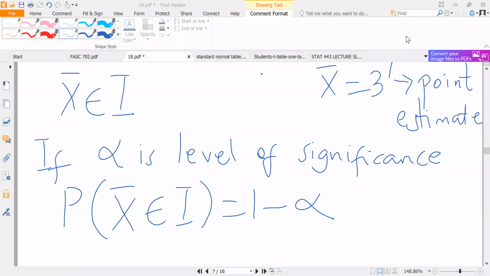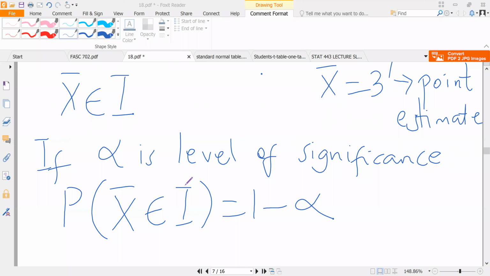Okay, so we want to identify the interval within which our estimator is going to lie. Now, once we are able to identify this particular interval, then we can say that we are 1 minus alpha percent sure that our estimator lies within that particular interval I. Now, the interval I is a real interval, which means that it's an interval that lies within the real number line.